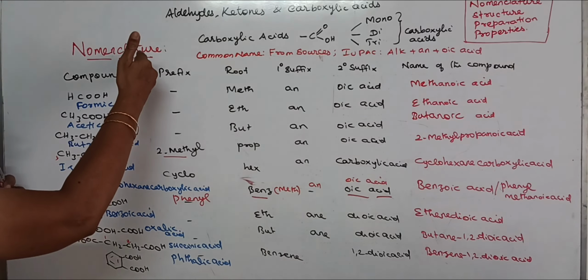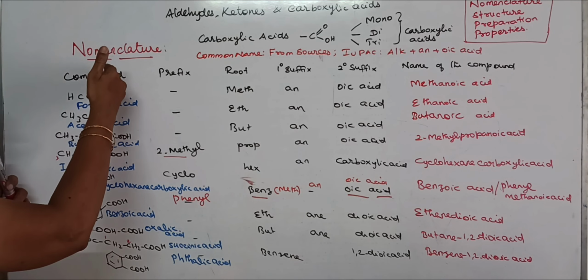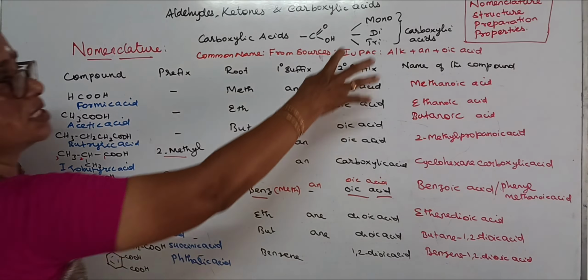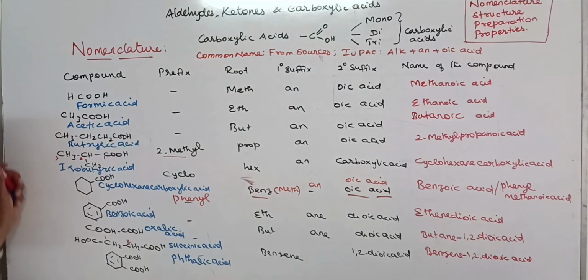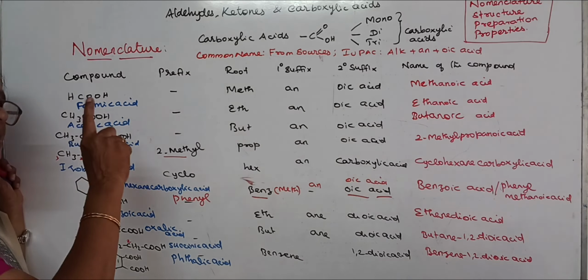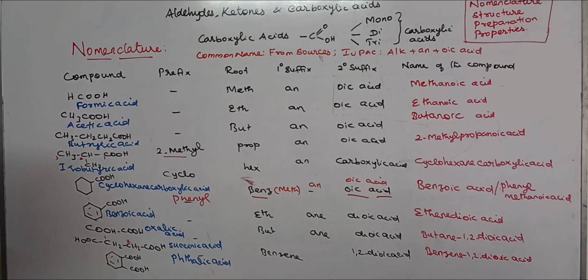In all these cases we have taken only one COOH group, so they come under monocarboxylic acids. In the rest I have taken two COOH groups. The first member of the dicarboxylic acids is HOOC-COOH.